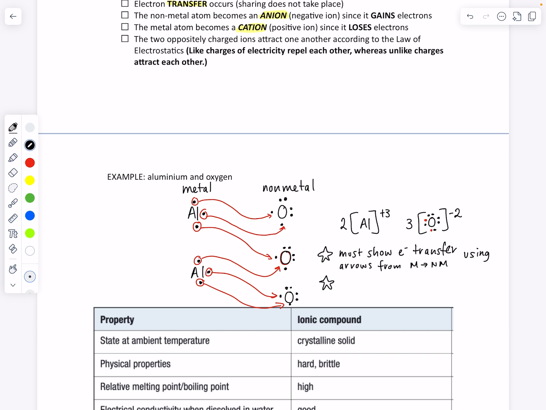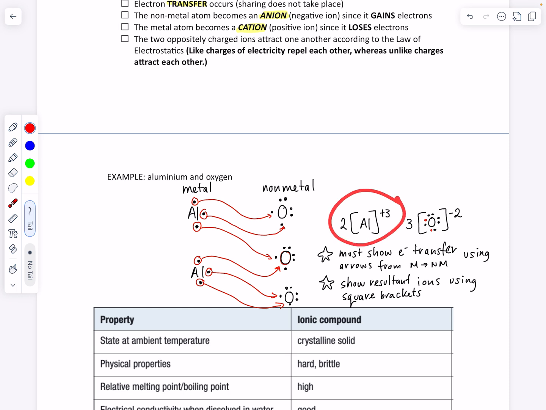And show the resultant ions using square brackets, as we have above.